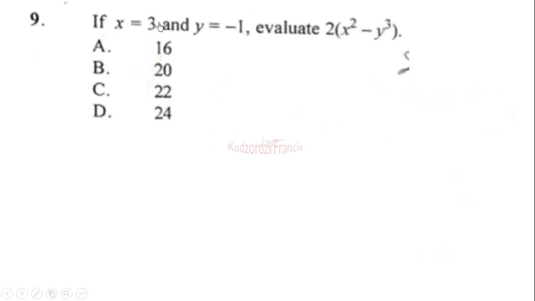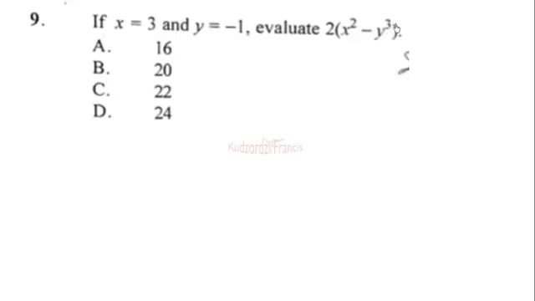If x is equal to 3 and y equal -1, evaluate 2 into bracket x squared minus y exponent negative y exponent 3. So let's do the addition.